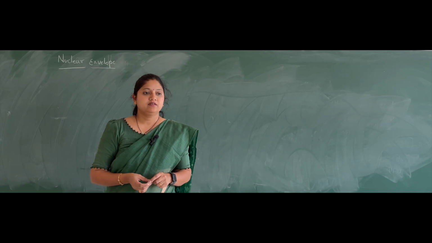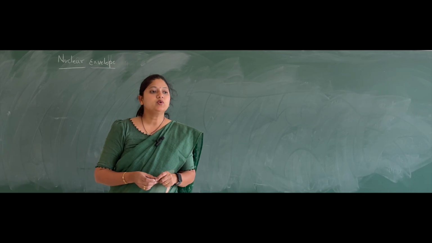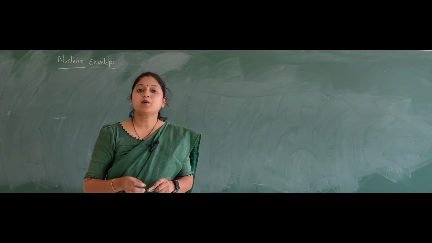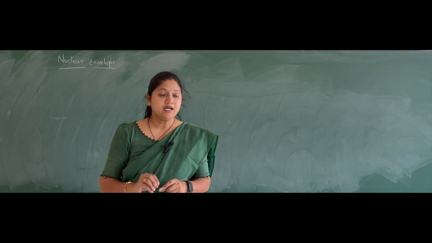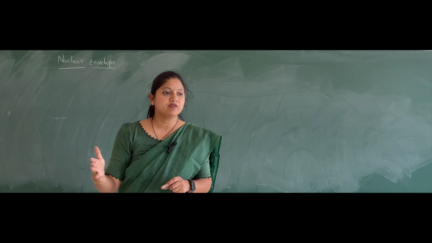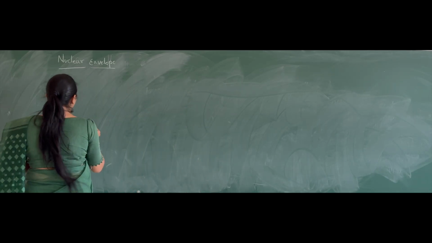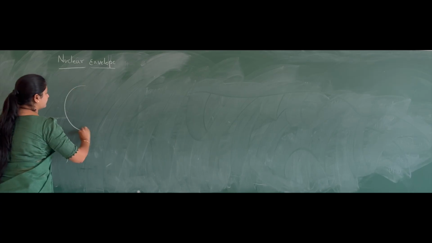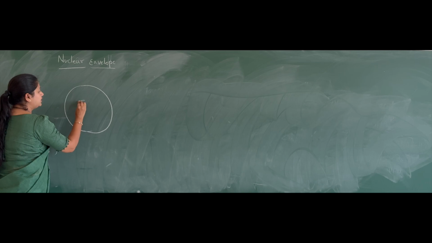So this session will start with the nuclear envelope. The nuclear envelope is a protective covering surrounding the nucleus, which majorly separates the cytoplasm from the nucleoplasm, right? So in a cell, we have the nuclear envelope like this.